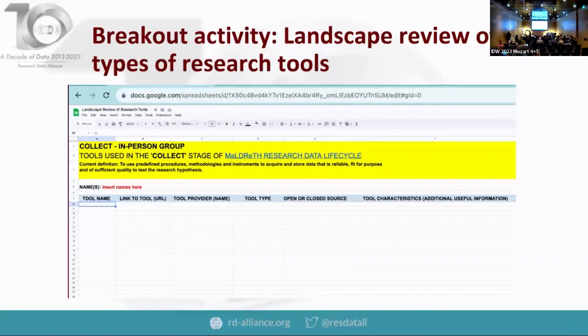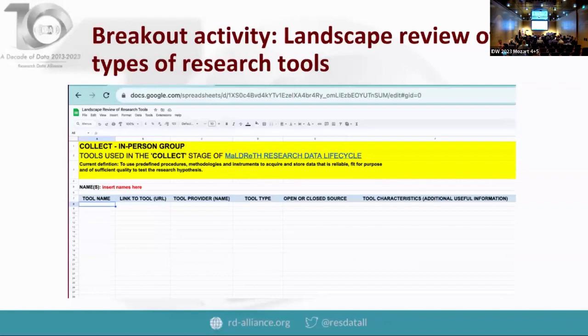So we went through and gathered a few tools, but more importantly, we started talking about a couple of things. One, we had a decent discussion about interoperability and how we are going to define it. We came up with basically three different ways these tools could be interoperable. They can be interoperable within the stage: do any of the preserve tools work well together?